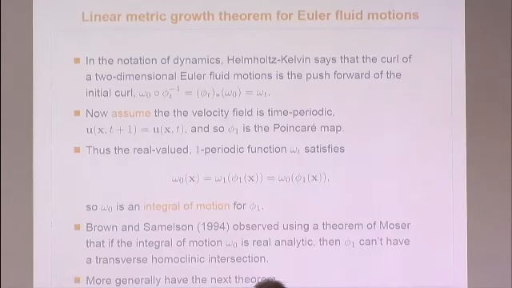All these theorems are about growth rate of material curves, and they're all based on assumptions on the nature of the initial vorticity. All right, so I'm going to just show you this first theorem, and this actually doesn't use the Thurston theorem. This just uses the transport of vorticity, but it's a linear growth theorem, and it kind of fits into the pattern that I have of linear growth and exponential growth, and I'll tell you at the end how they all fit together.